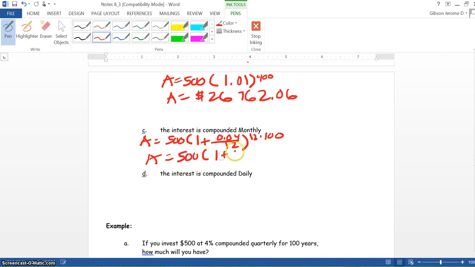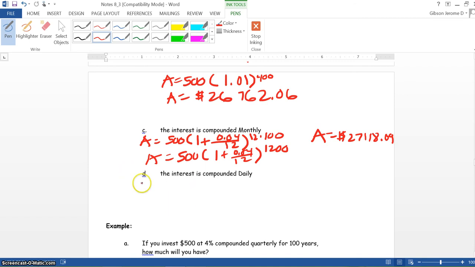We would just leave this as 1 plus 0.04 over 12, and that's taking the 1200. So we will have to the 1200 power. So this will give us A is equal to $27,118.09. And that will be the final answer here.